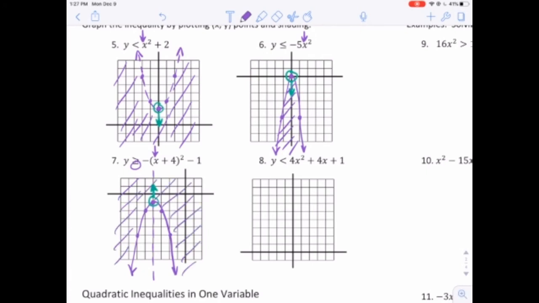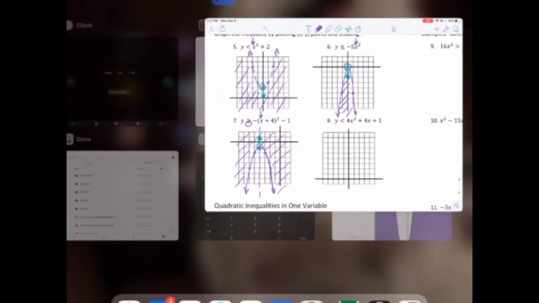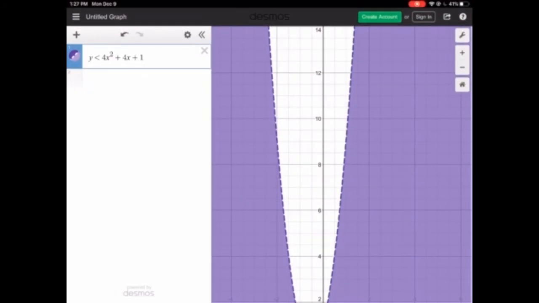All right, on this last one, let me show you another way to do these. Another way is to do them on Desmos, or even your calculator, in fact. So I'm going to show you Desmos. If we just take this inequality and plot it in Desmos, it's going to look something like this.